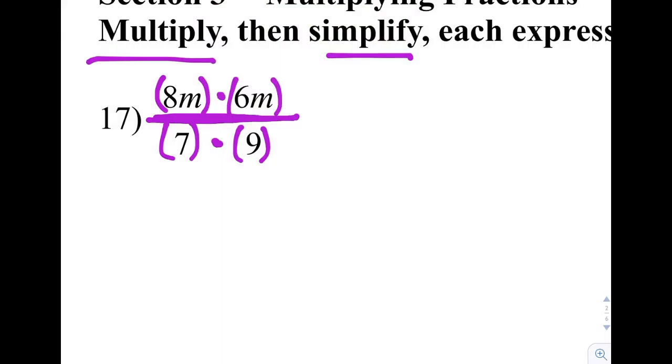So when we break down these factors here, 6 is really going to be 3 times 2 times m, and 8m, we could do 2 times 2 times 2 times m, and on the bottom, 9 is 3 times 3.